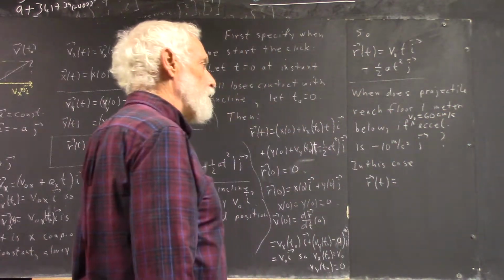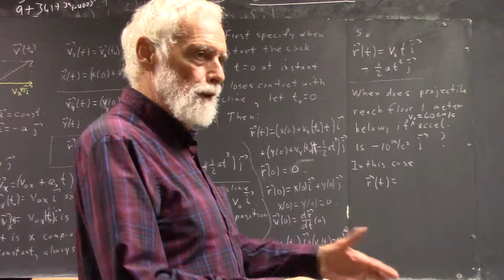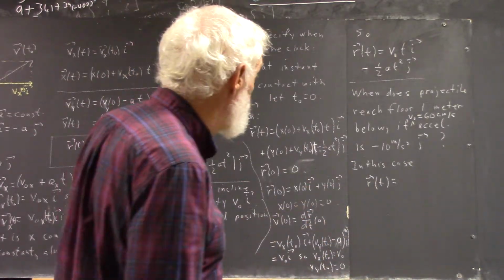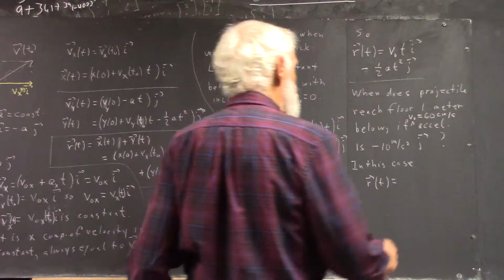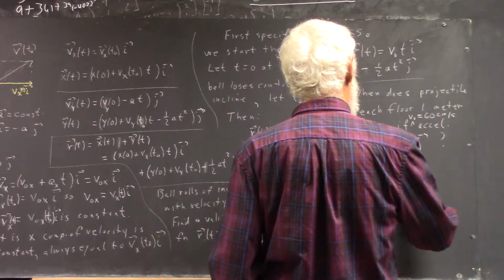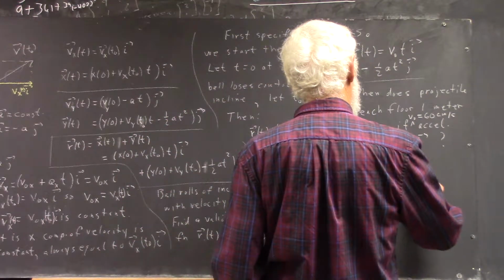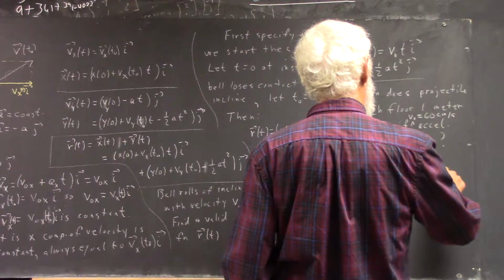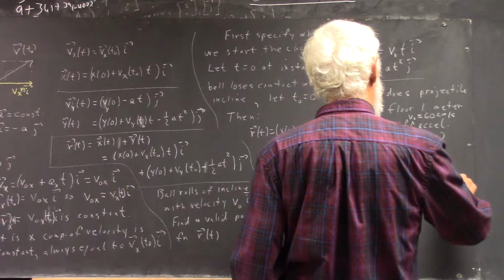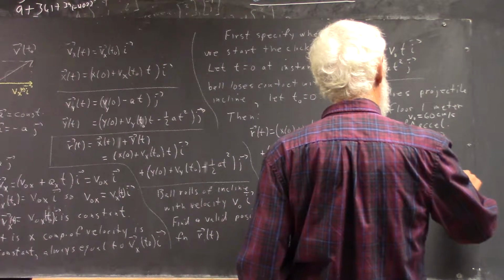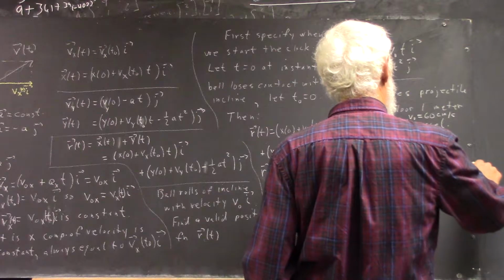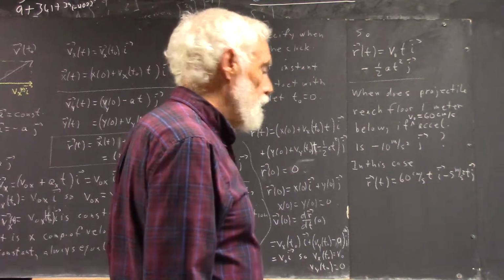We'll say V naught is 60 centimeters per second, kind of a typical speed in the range of things that you observe. Well then, R of t is this.